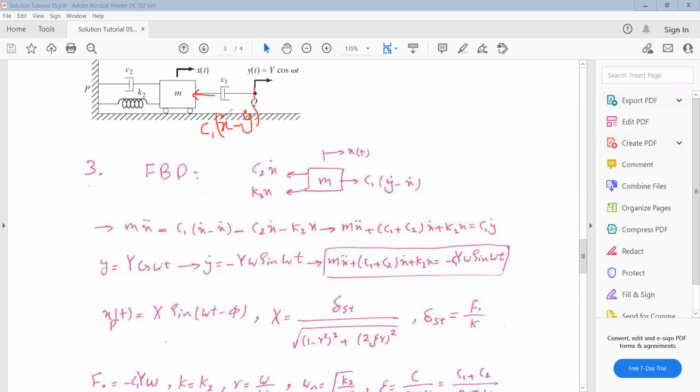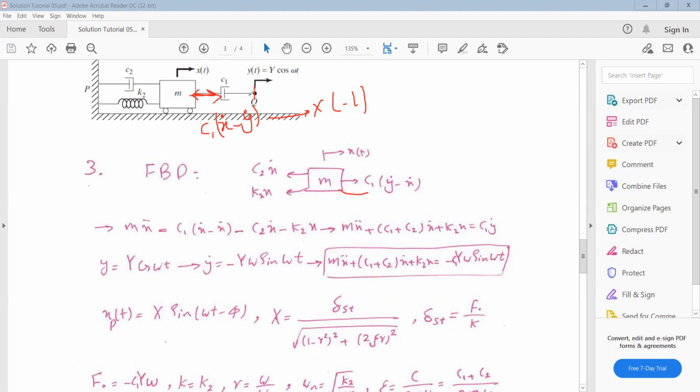But if you change the direction, like I plotted in the free body diagram for mass M, it means that you should multiply this force by one negative sign. And what does it mean? It means that this time y dot is in fact more than x dot, so the direction is in this direction.